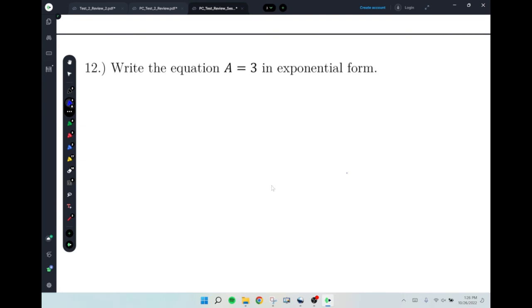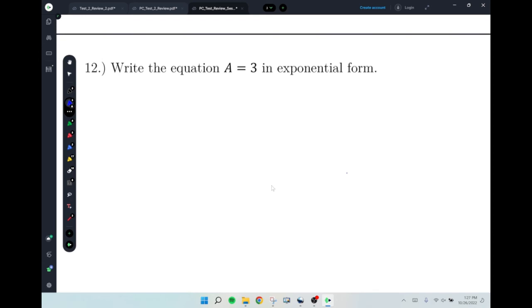What is exponential form? Yeah, as an exponent, right? See, I should have had a question with this. Write the equation A equals 3 in exponential form. So the exponential form has to be raising it, right? So what do you want to raise it to? Power of 1?